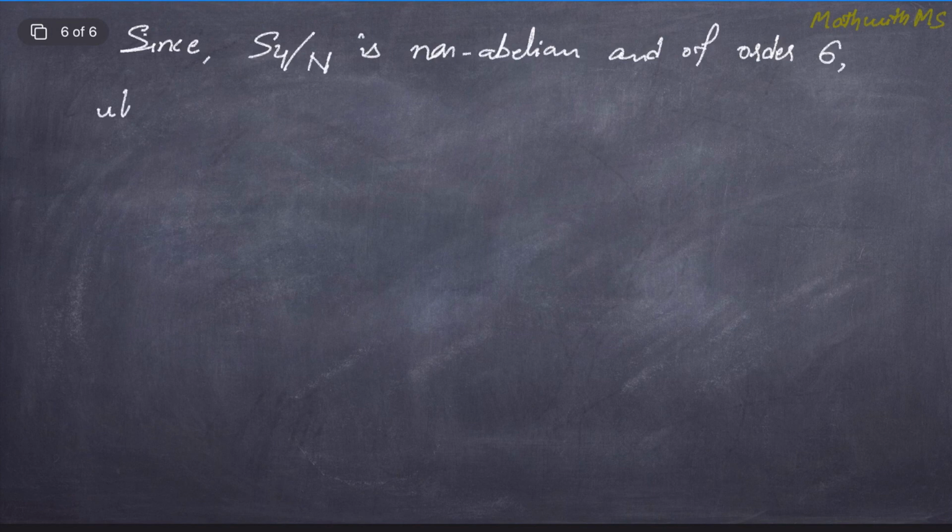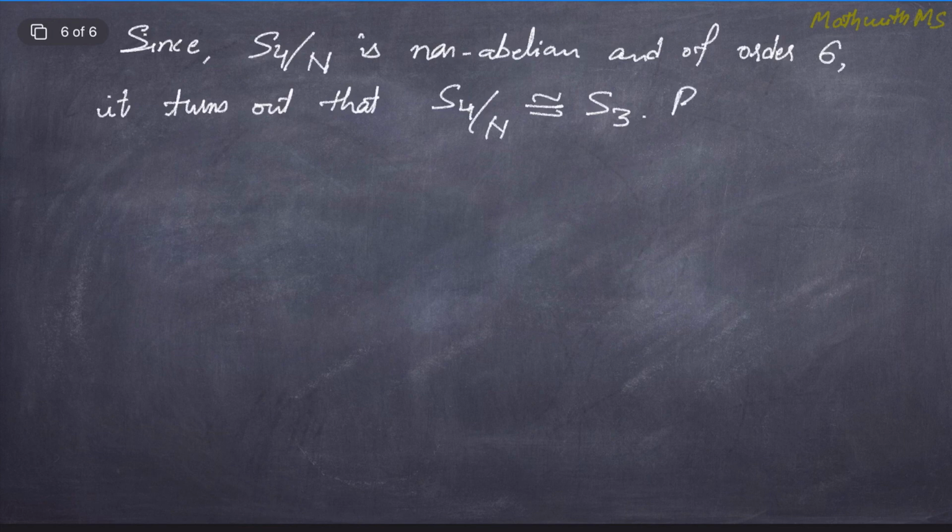It turns out that S4 modulo N is in fact isomorphic to S3, because there are only two groups of order 6. One is the cyclic group of order 6 and the other is the symmetric group S3.